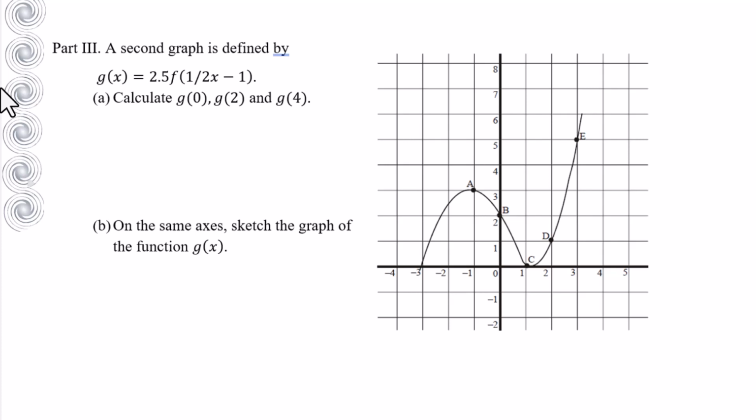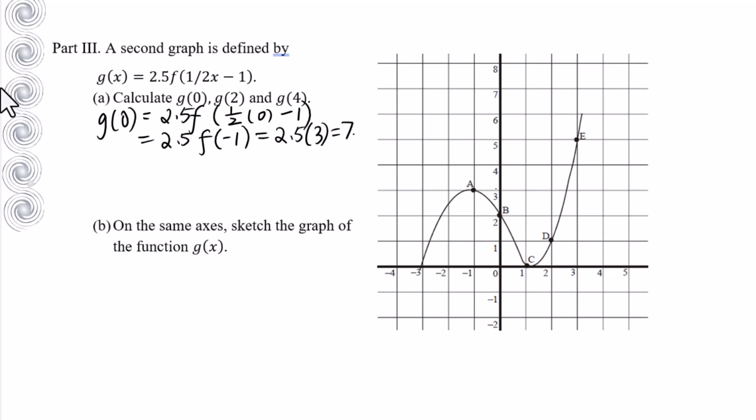Calculate g of 0, g of 2, and g of 4. g of 0 equals 2.5 f of 1/2 times 0 minus 1, equals 2.5 f of -1. f of -1 is 3. So 2.5 times 3 equals 7.5.